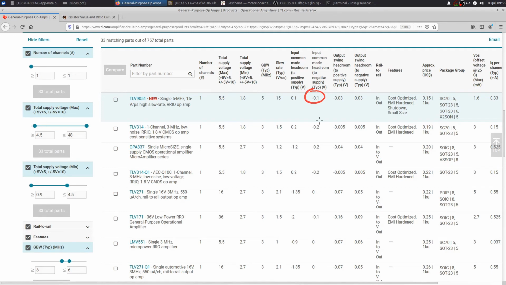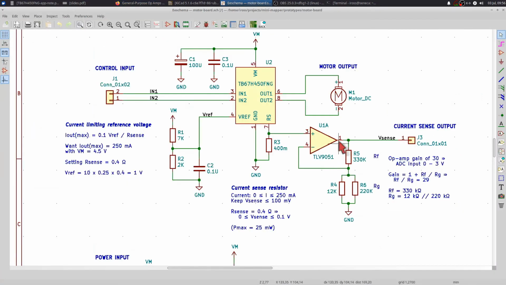And this selection process definitely gives you one that works for that. So that's the op-amp I'm using, and so here you go, TLV9051.